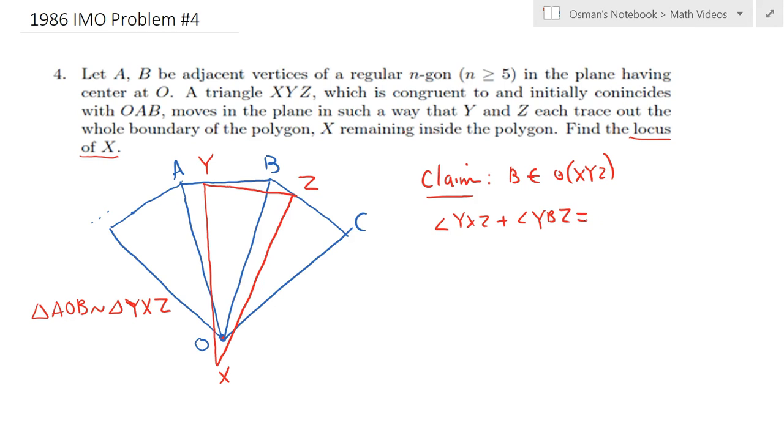Now let's be careful on that. Obviously YXZ is equal to AOB because of this similarity.